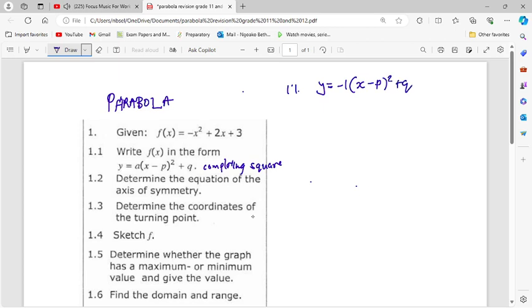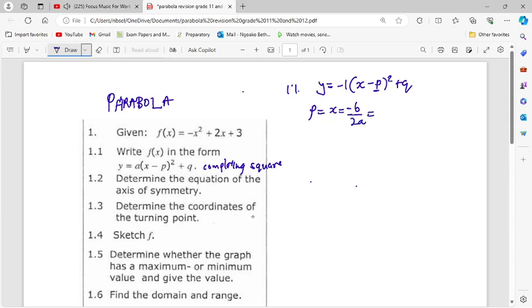But remembering, this p is the x coordinate of the turning point. So rather you can say p equals x equals minus b over 2a.